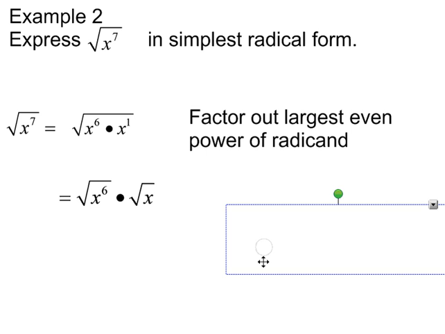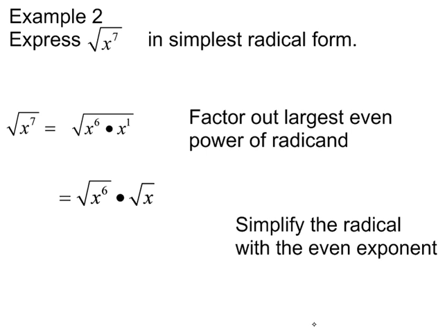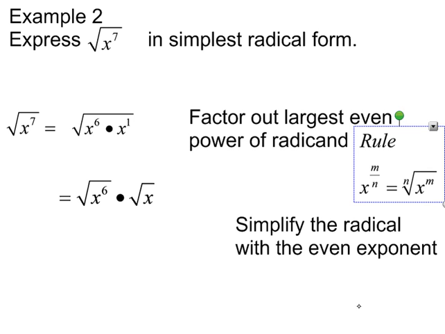Now we want to simplify the radical with the even exponent. Remember that rule we looked at in the other video? x to the m over n is equal to the nth root of x to the m. Remember that video? So let's use that rule to simplify the radical with the even exponent, which is this over here.